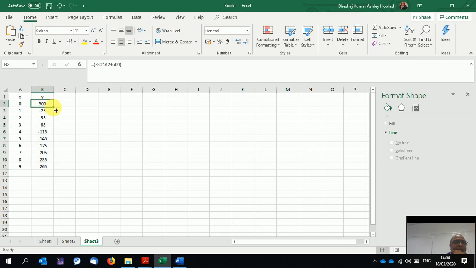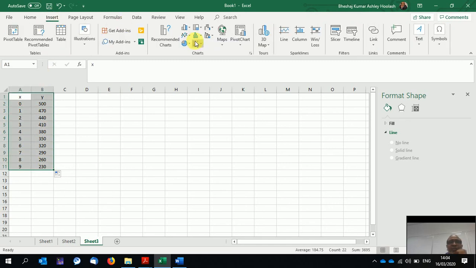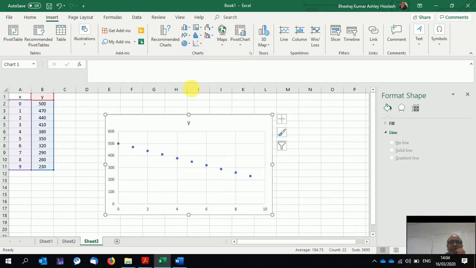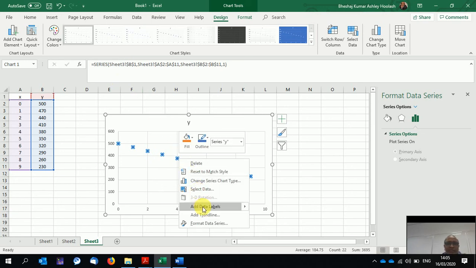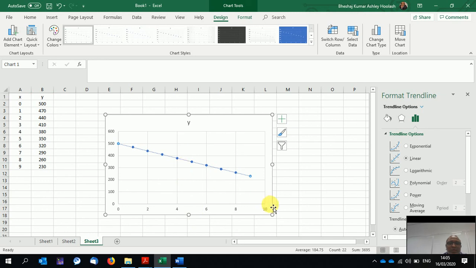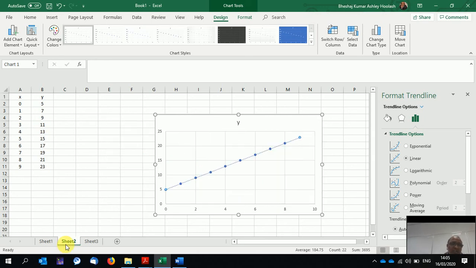There you go. Right, so I can have this set of x and y's, and I can decide to do a scatter plot. Right, there you go. And trust me, if I decide to put a straight line across this, the straight line will fit exactly all the dots here, and this coefficient of correlation here will be -1. Here the value of r, the strength of the relationship, is +1.